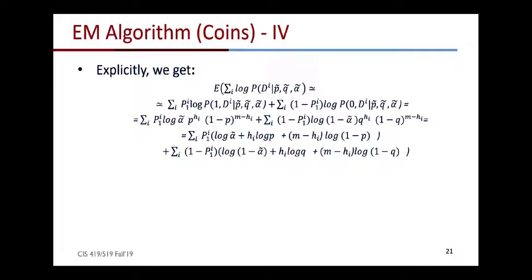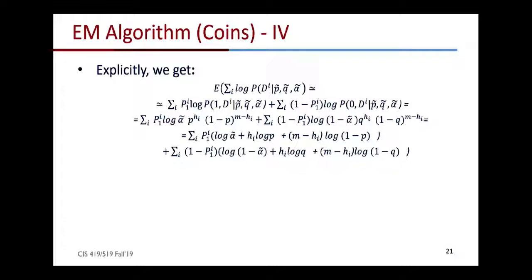This part is easy. I'm taking the log here, so I'm writing it now more explicitly. I get here P1i, log alpha, h log p, a minus h log 1 minus p. This is from the left side. And from the right side, I'm getting the same thing with the q.